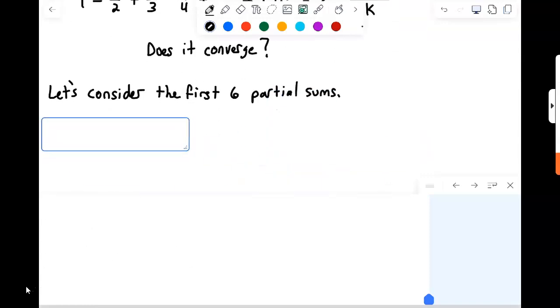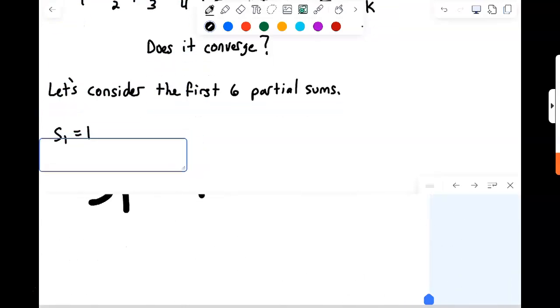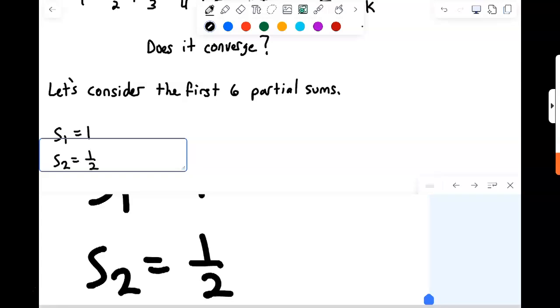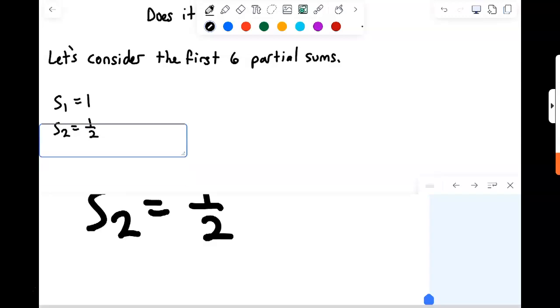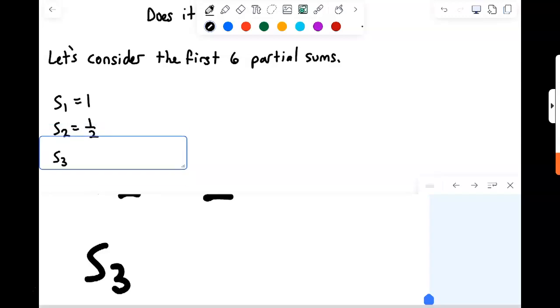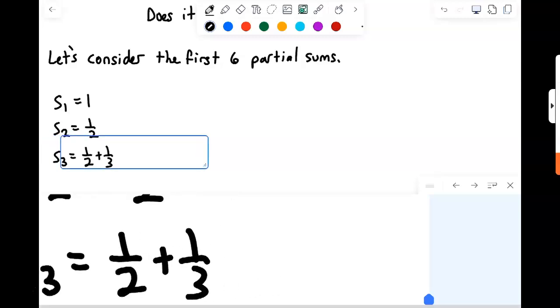Okay, so S1 would, of course, just be 1. S2, we would bring in minus 1/2. So it'd be 1 minus 1/2. So S2 would be 1/2. And then we'd add our next value, 1/3, which would jump us up to 5 over 6. And we keep going.